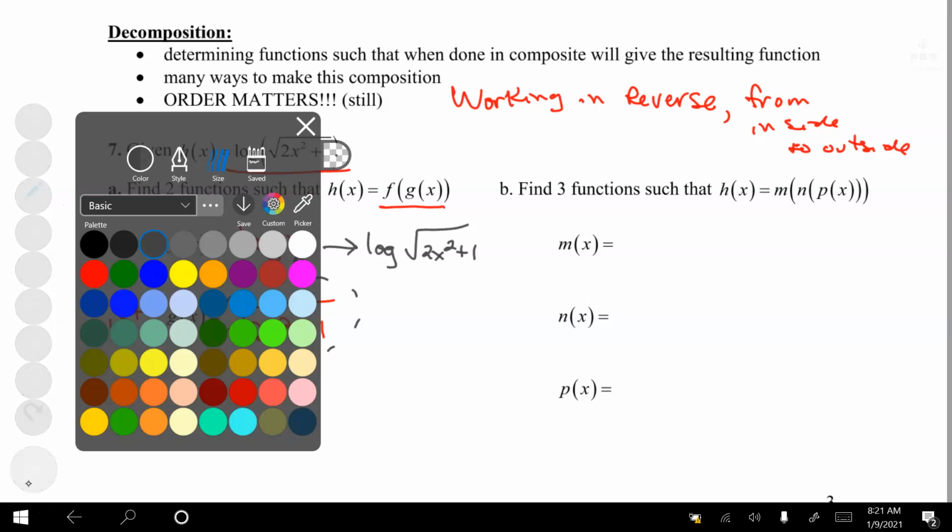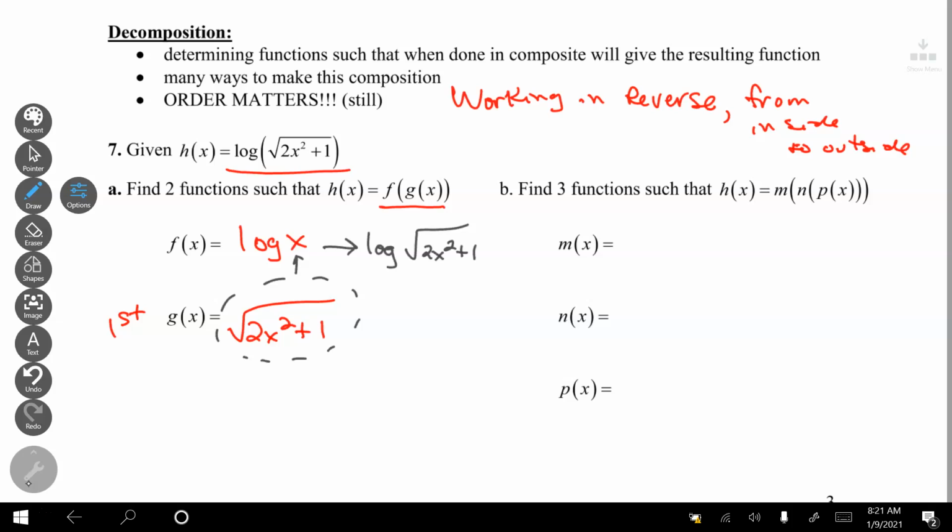Now I can do the same thing, but maybe break it up into 3 functions. So I'm still trying to get this, but when I see this, I know p is first, n is second, and m is the last. So maybe my first piece should just be 2x squared plus 1. And then I plug it into the square root of x.